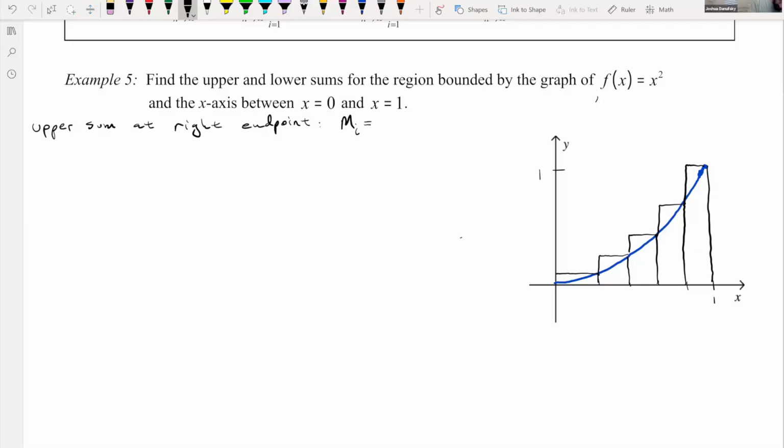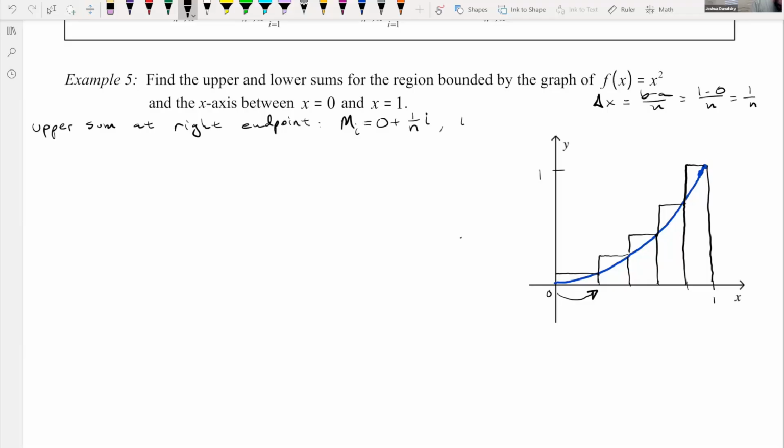Let's do that. Delta x is equal to b minus a over n, which in this case is 1 minus 0 over n, which is 1 over n. And to get the right endpoint, we're going to start at 0, right? We're starting here at 0, and we're adding a delta x, which is 1 over n, and we're adding it i times.